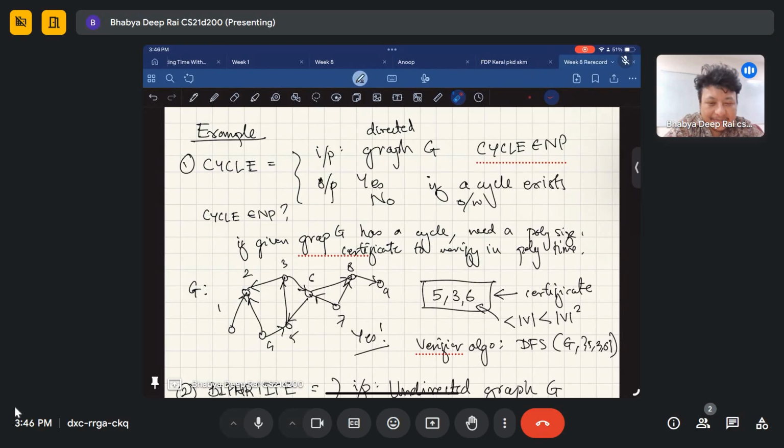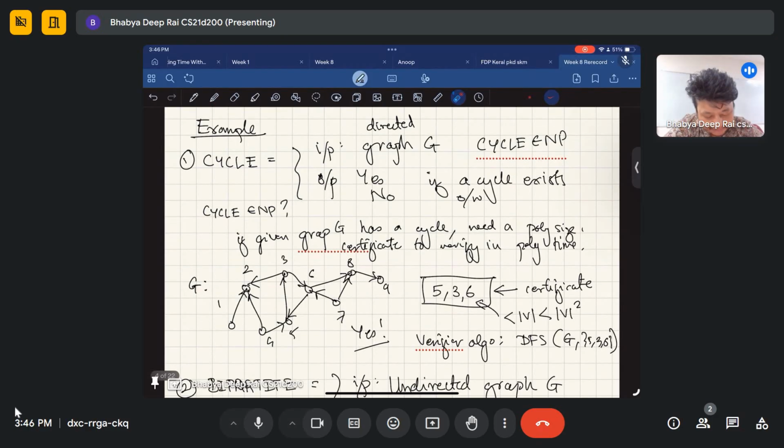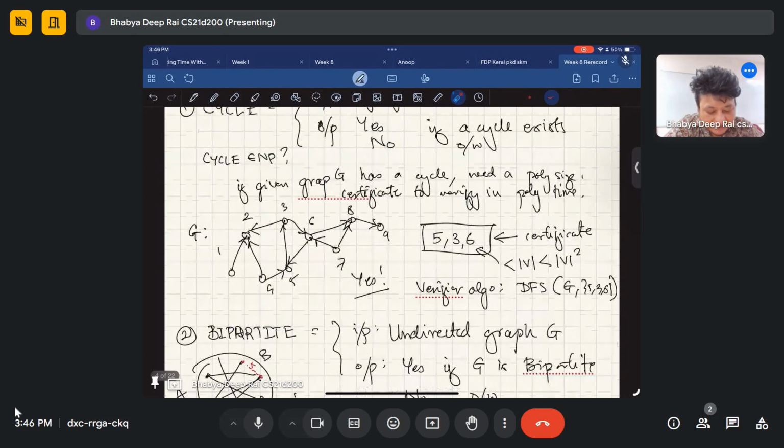How do I show that it's in NP? Well, if I give you this graph and ask whether it has a cycle or not, and your answer is yes, and I tell you that I'm not convinced, convince me. What would be the natural way to convince me that there is a cycle in the graph? You'll just simply point out the cycle to me, right?